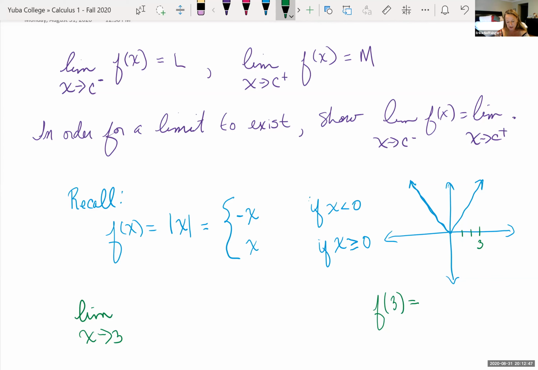Well, 3 is bigger than 0. So the absolute value of 3 is 3. Anywhere you chose that c value, you would get back either c or negative c, but that limit would exist.